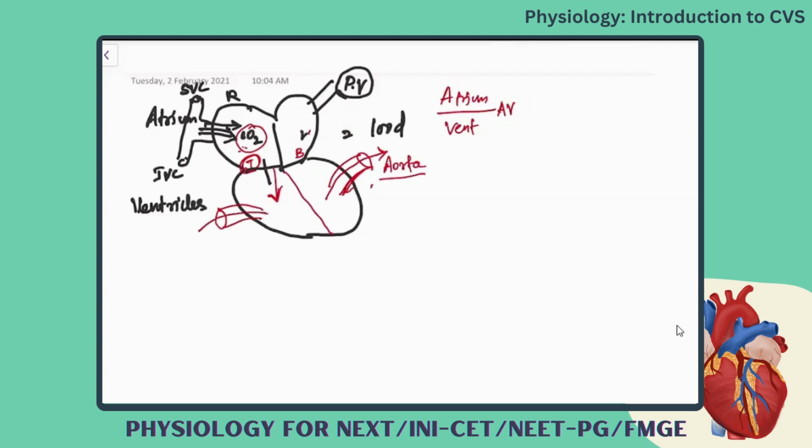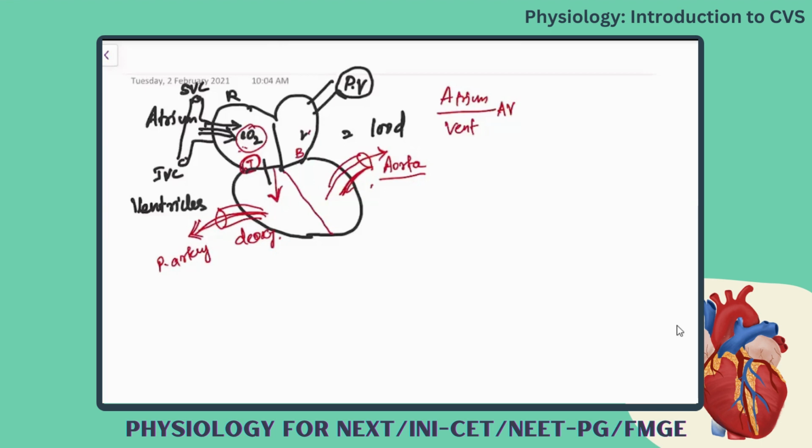And the right side is connected where the blood goes from the right side of the ventricle to the blood vessel which is called as pulmonary artery. This is the only artery which is dealing with deoxygenated blood. Okay, clear? So this is the small introduction about the circulation of the blood in the heart.